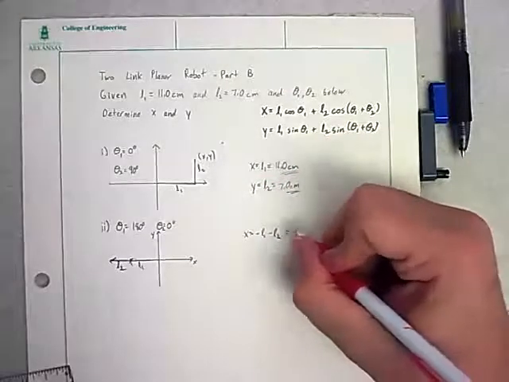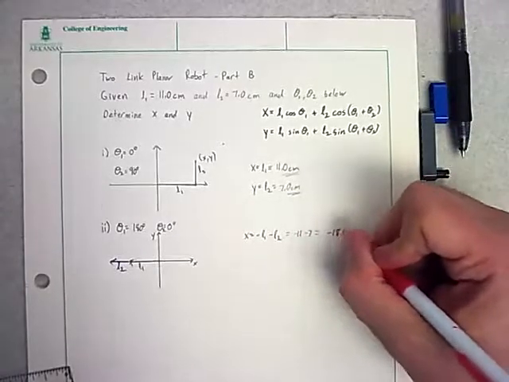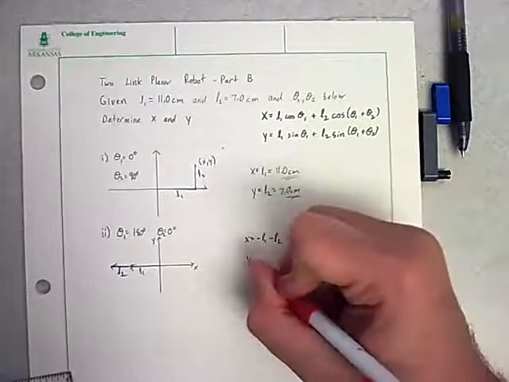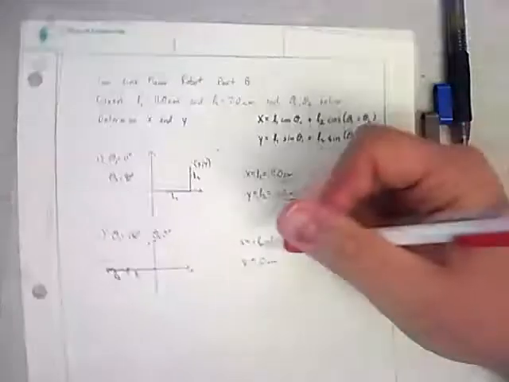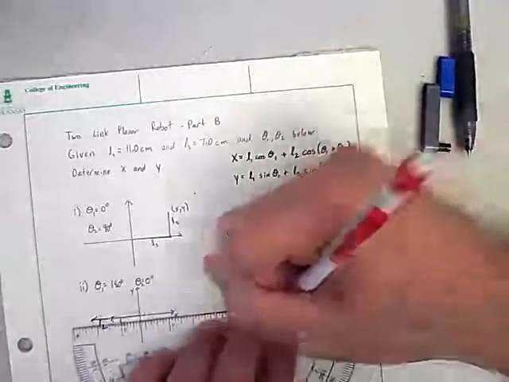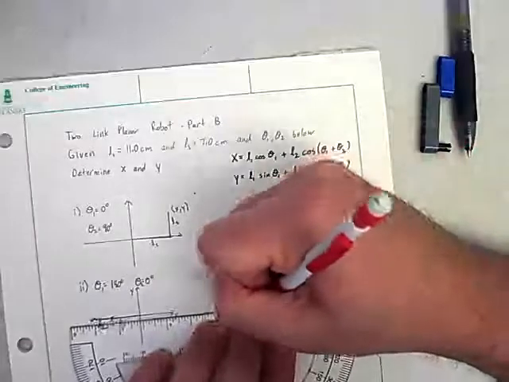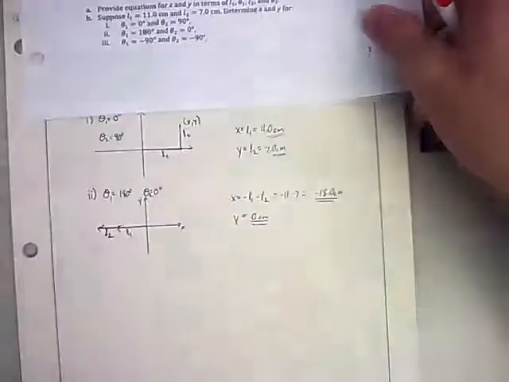That's negative 11 minus 7, negative 18. And Y is going to be 0. Again, because they gave us easy angles to work with, we don't have to dig deep into trying to calculate something.